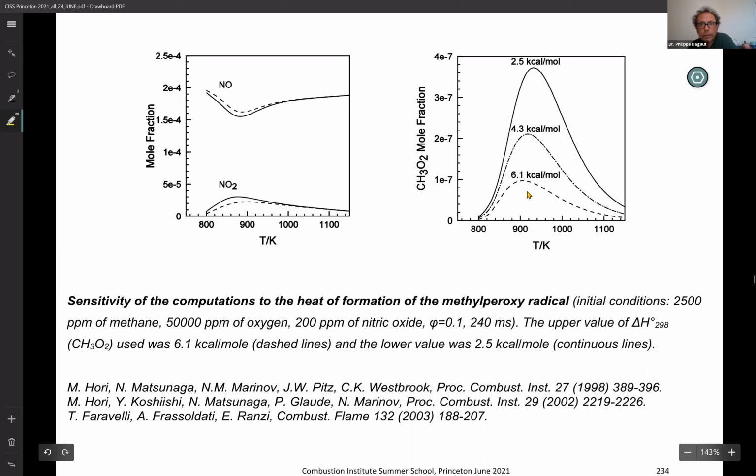And if you vary it over a range from 2.5 kcal per mole to 6.1 kcal per mole, you can see that you vary by almost a factor of 4 the maximum concentration of CH3O2. But it does not have a major impact on the predicted concentration profiles of NO or NO2, because this is not the major route. The major route is through HO2.